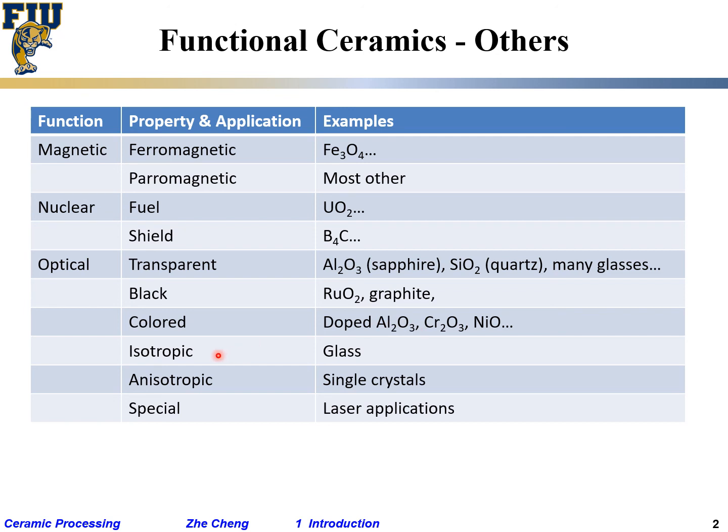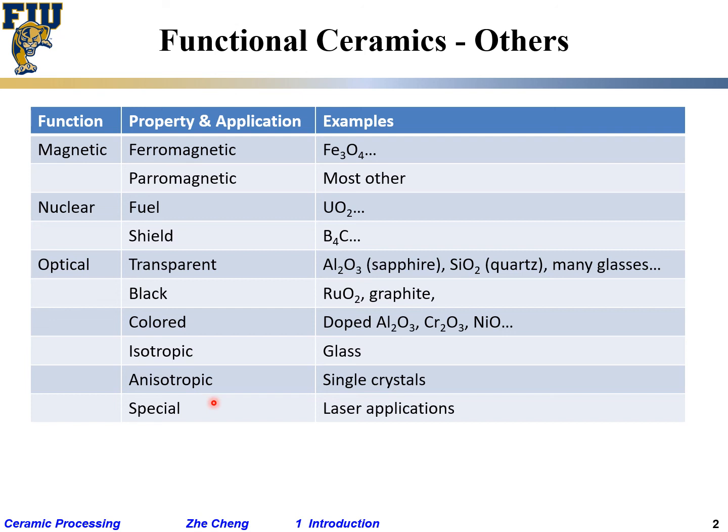And some of them are so-called optically isotropic. They are glass, which means you look at it from different directions, their optical properties are all the same, but many of them are so-called anisotropic, not the same in different directions. Typically single crystal or non-cubic crystal system. Okay, and many other. We don't have time.